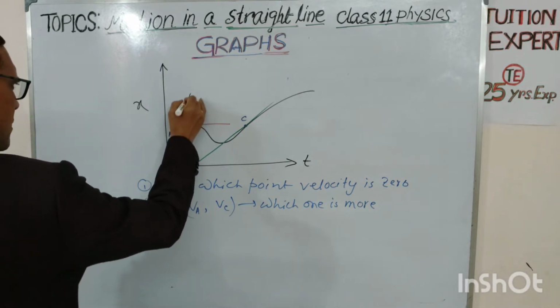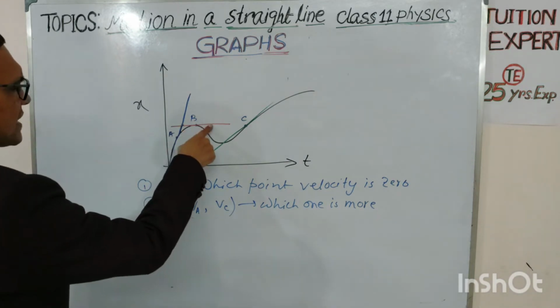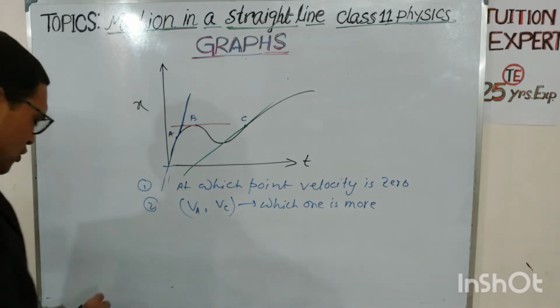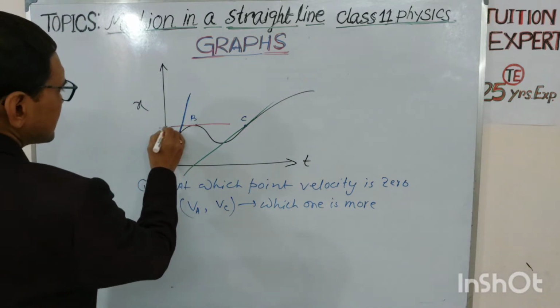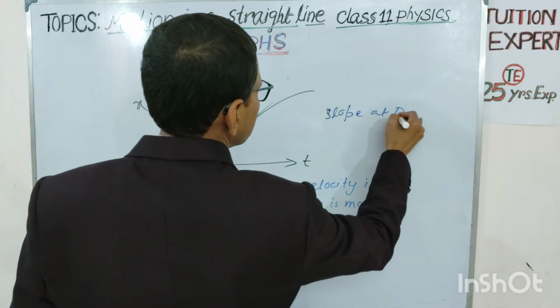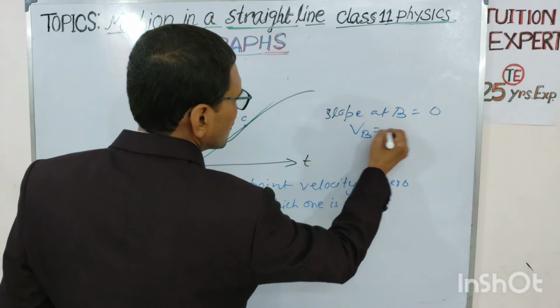This tangent at B is parallel to the T axis, so the slope of this line is 0. The slope is 0 because of the parallel line, so slope at B equals 0, that is, velocity at B equals 0.